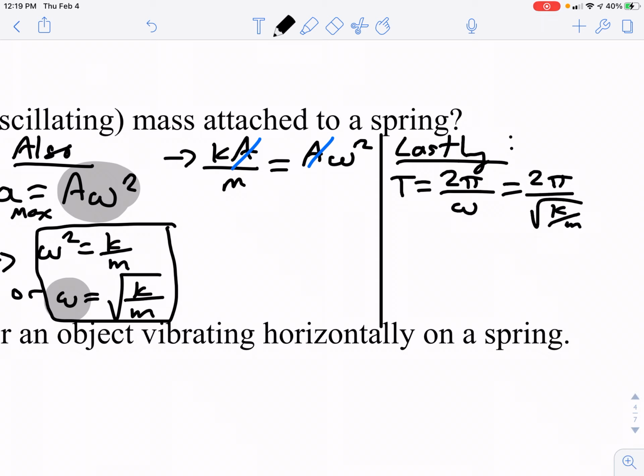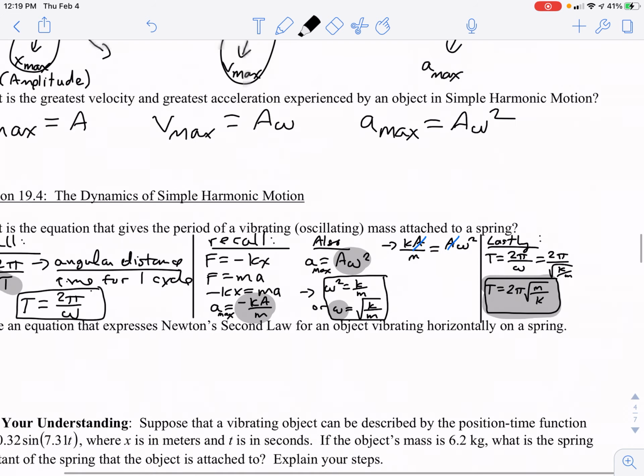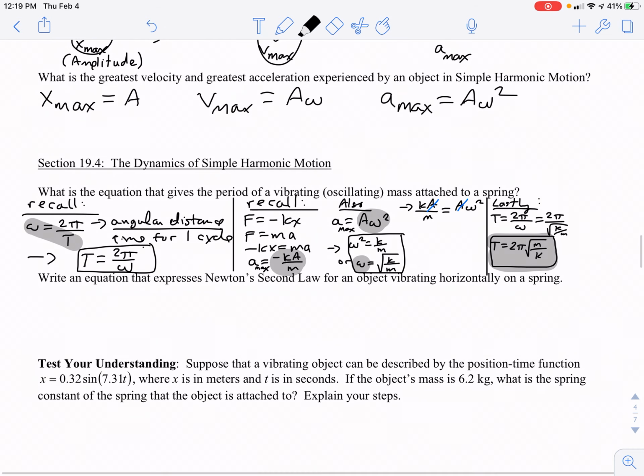Now I can rewrite this. When I divide a fraction by a fraction, I can always rewrite this as T is equal to 2 pi times the square root of m over k, meaning if I multiply by the reciprocal of that fraction, that's the same thing as dividing. And that, ladies and gentlemen, is the period of a mass spring system, using a couple helpful equations along the way.